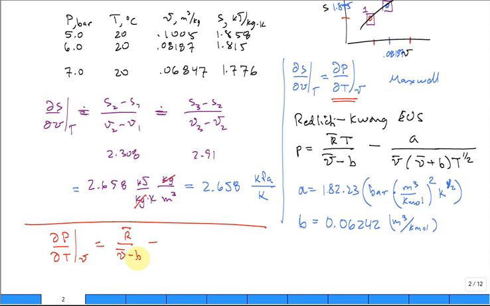I have to differentiate it with respect to temperature. And there's temperature right down here, true? So you get A, V bar plus B, true. Now you have to differentiate that. So you get a minus 1/2, true, times T to the negative 3/2, or 1 over T to the 3/2. Did you follow that differentiation?